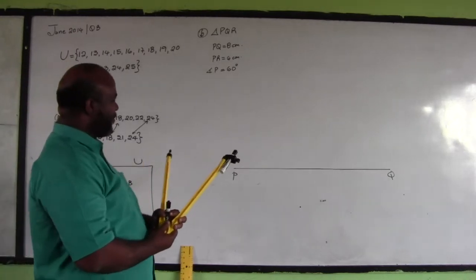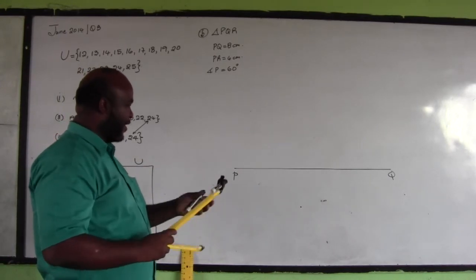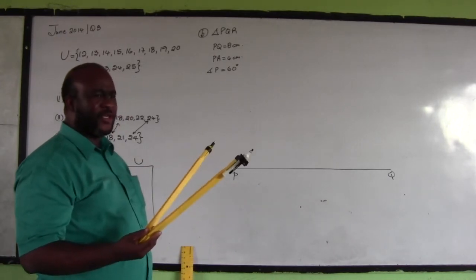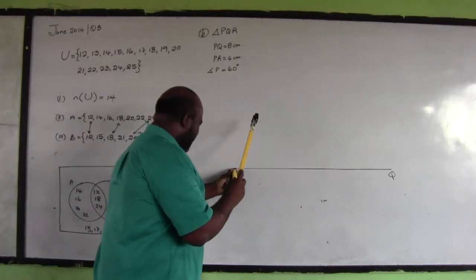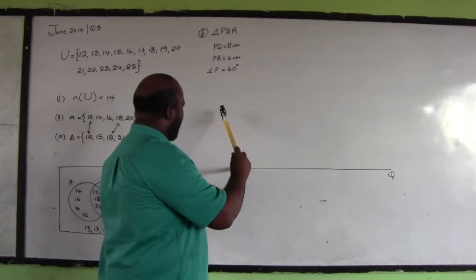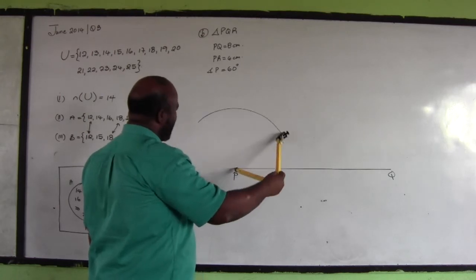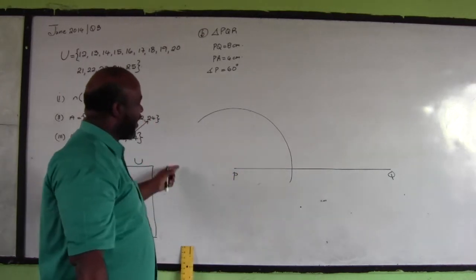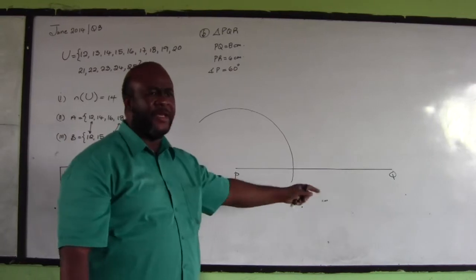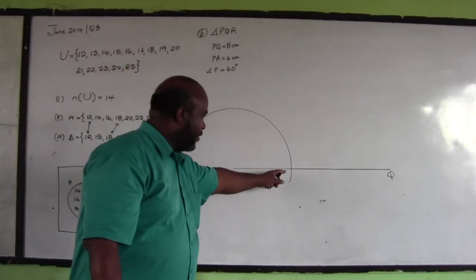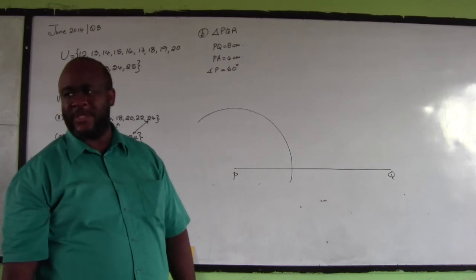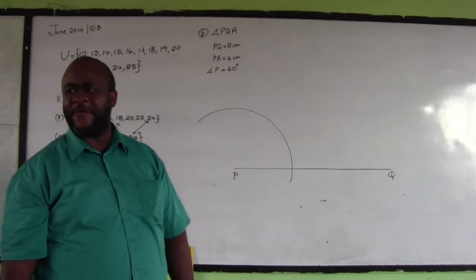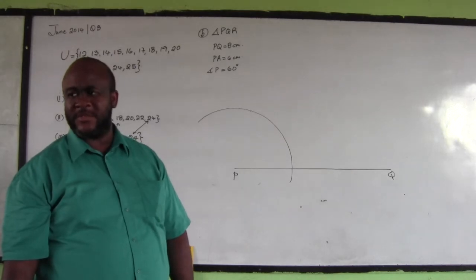Then I'm going to put the metal tip of the compass at P, because I was asked to construct the 60 degree angle at P, and I scribe an arc. I must ensure that the arc comes around and cuts the line PQ. Suitable means that you have to make a judgment. It's not more than half or less than half, you have to make a judgment.